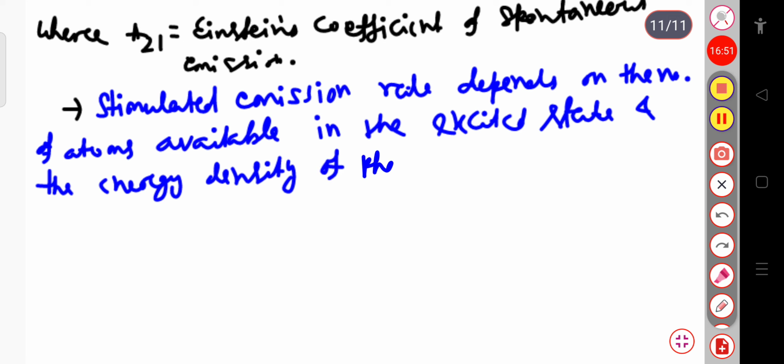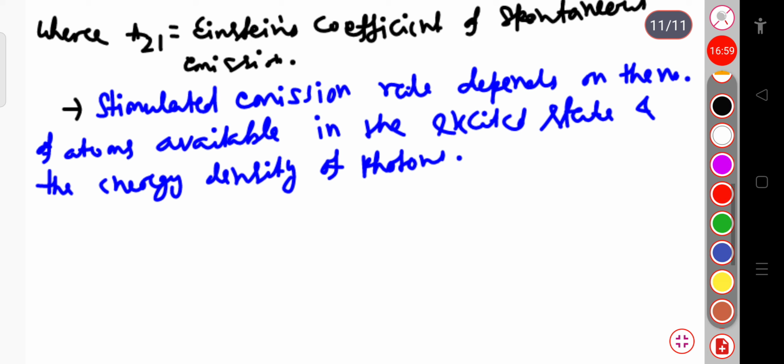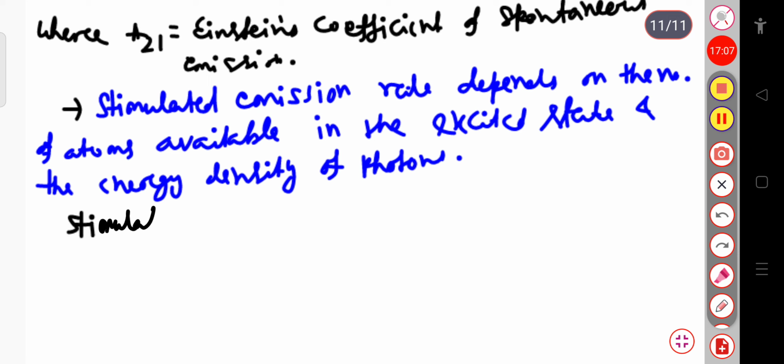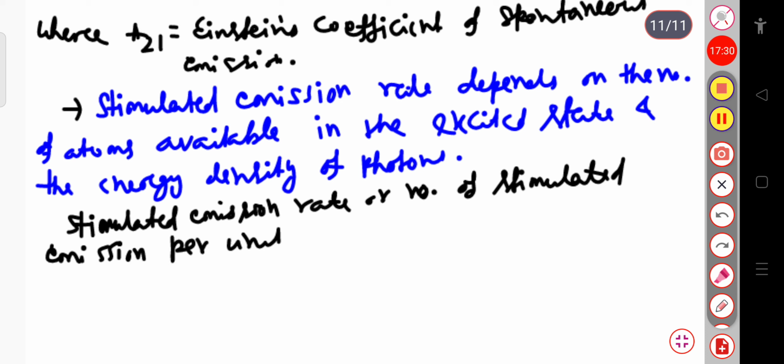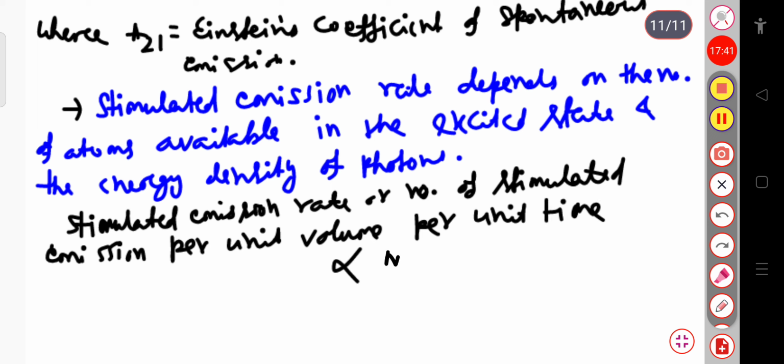So we can write the stimulated emission rate, or the number of stimulated emissions per unit volume per unit time, will be directly proportional to the number of atoms available, N2, as well as directly proportional to U of nu, the energy density.